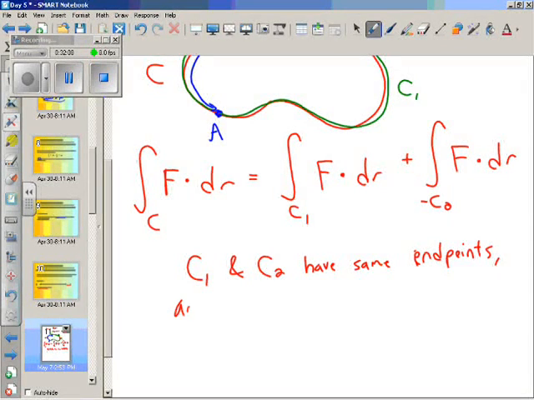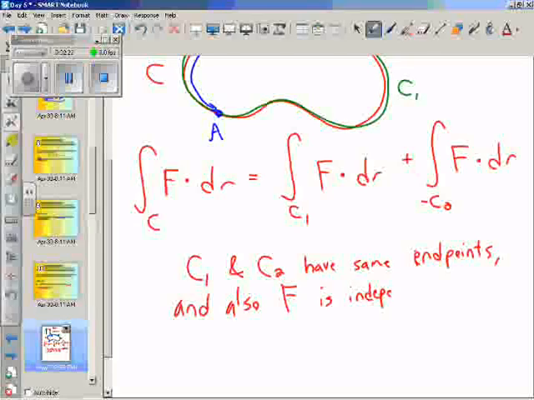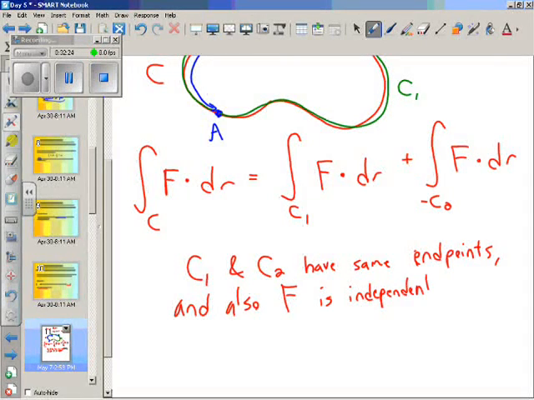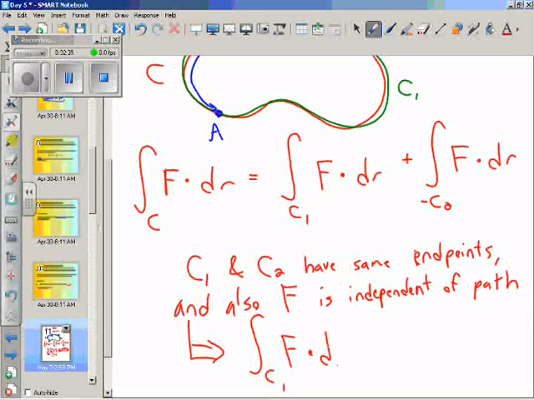And also notice that f is independent of path, and so what that tells us is that the integral along C1 is equal to the integral along C2.